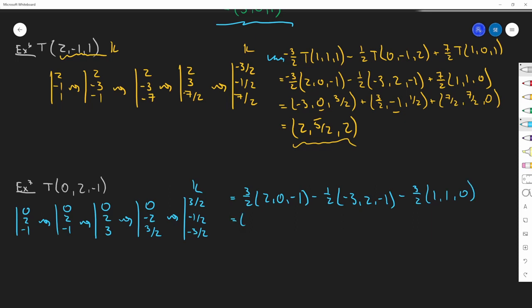This is going to be equal to 3, 0, negative 3/2, plus 3/2, negative 1, 1/2, plus negative 3/2, negative 3/2, 0.